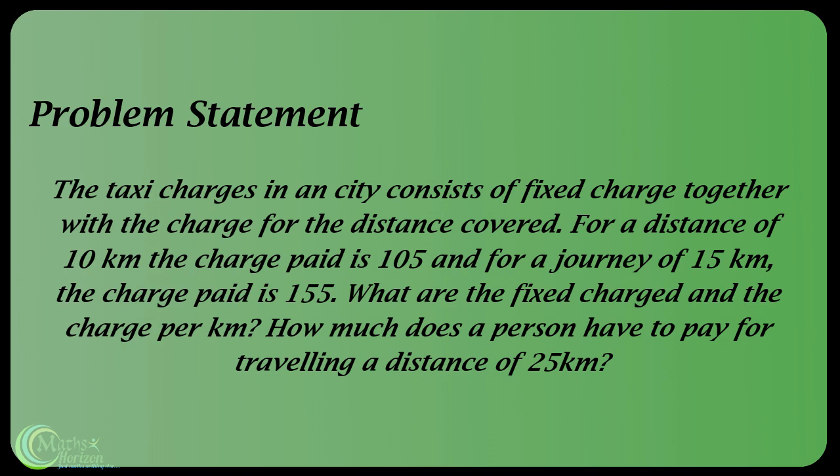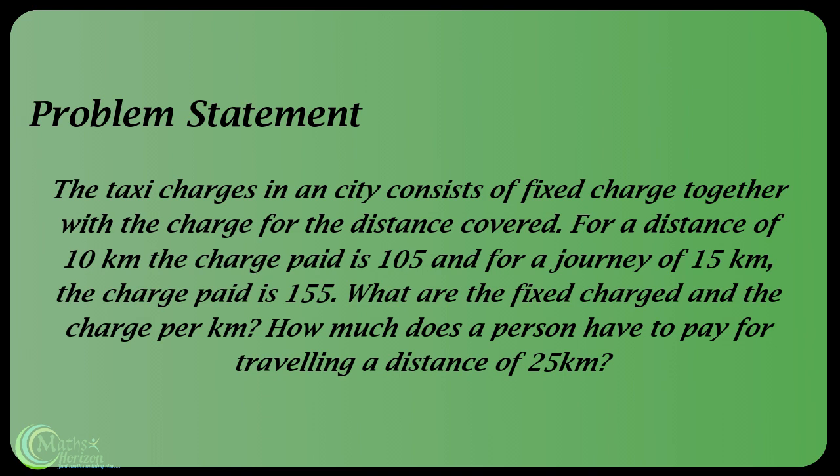So before we start the solution, we have to obtain the linear equations. In the previous class, we discussed the solution of the same problem using the substitution method, and there we already obtained the two equations. So here the same equations we have to form once again.